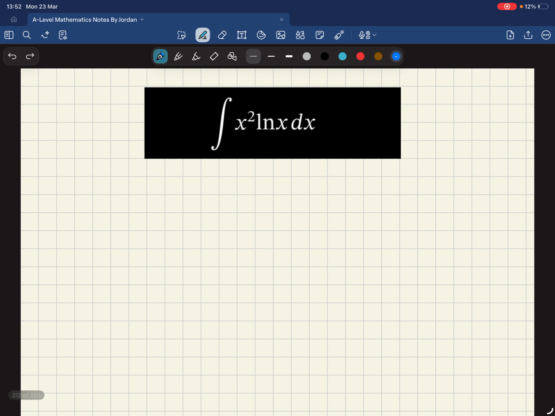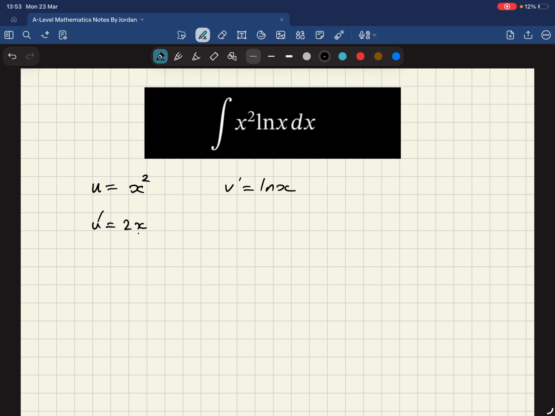this is the next one. So we've got x squared ln x. So let's see what happens if I do this. If I do it this way, I would have to differentiate the u, which would give me 2x.